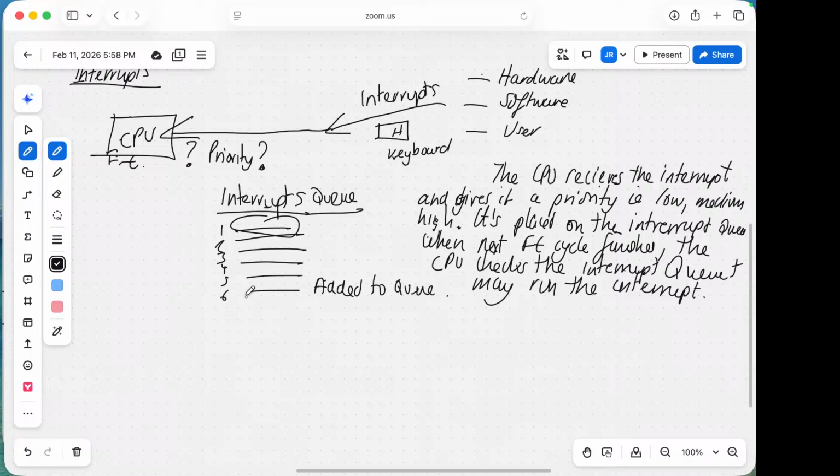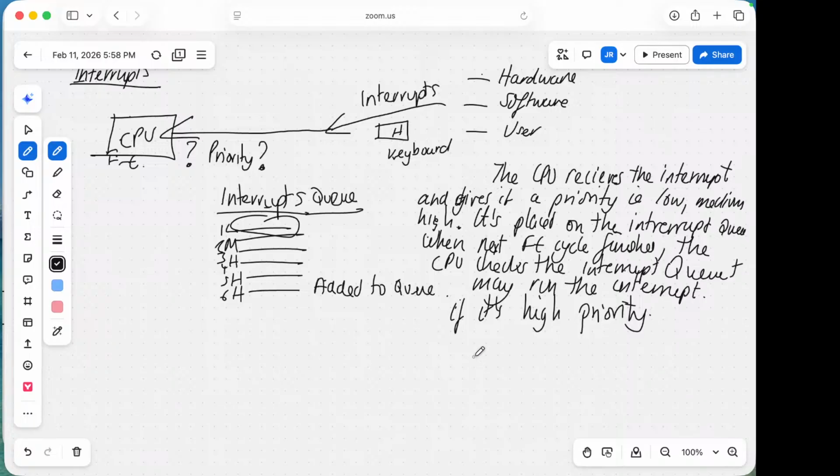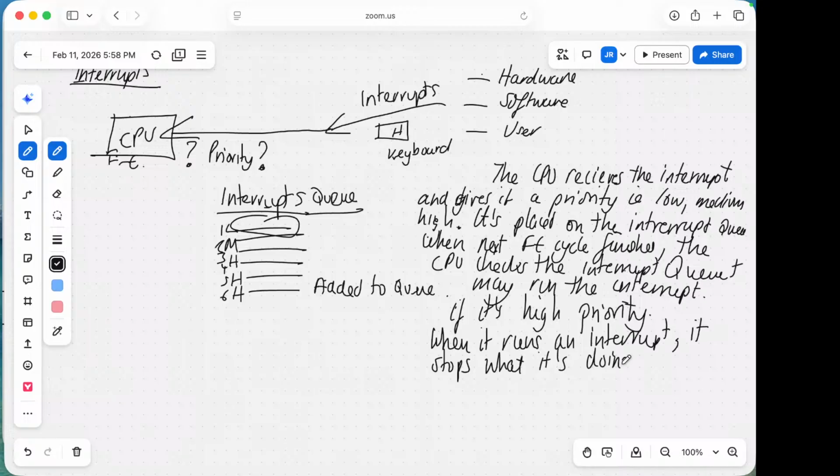So it may run the interrupt, it might run the high, so that might be a high priority. We've got a high priority here, that one's low, that one's medium, that one's high. So it'll run the high ones first. So it checks the interrupt queue and may run the interrupt if it's high priority. And then assuming that it does, when it runs an interrupt, it stops what it's doing and it kind of parks everything.